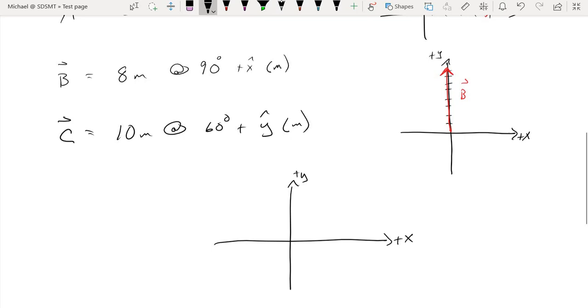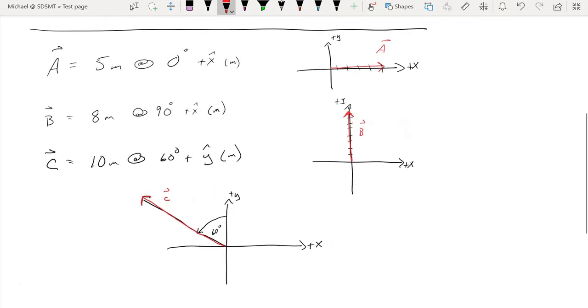Vector C is 10 meters long, and it has to be measured 60 degrees from the positive y-axis. Well, 60 degrees from the positive y-axis would be right about there. And so I would have to draw vector C like so.